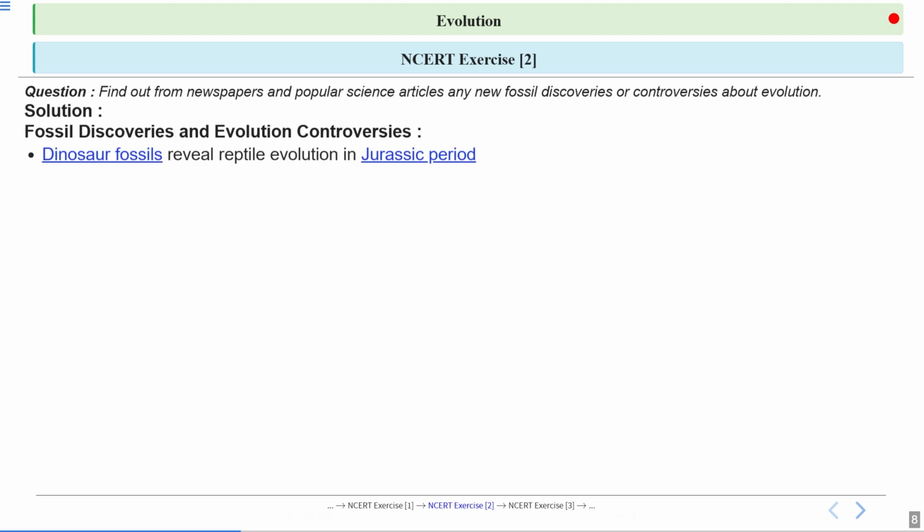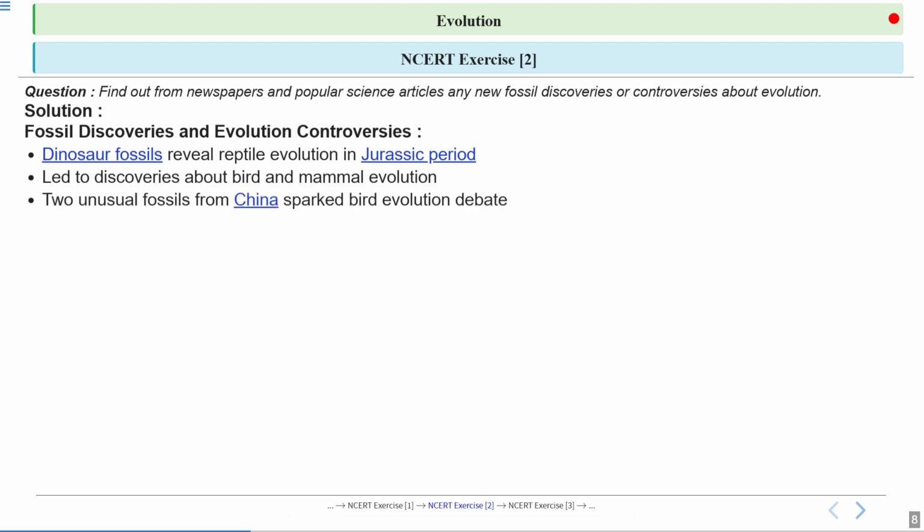Dinosaur fossils reveal reptile evolution in the Jurassic period. Dinosaur fossils have provided insights into reptile evolution. This led to discoveries about bird and mammal evolution as well. Finding this information helps us understand how birds and mammals have changed and developed over time.